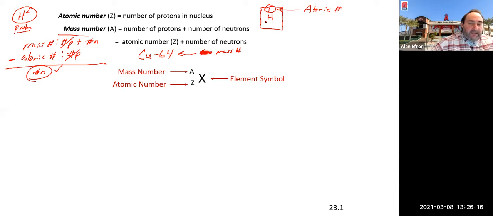If you look at the periodic table, 1.008 is written underneath hydrogen, and that is not the mass number. Let me just cross that out. Again, the mass number is not found on the periodic table. What is there is the atomic mass, which is not the mass number.